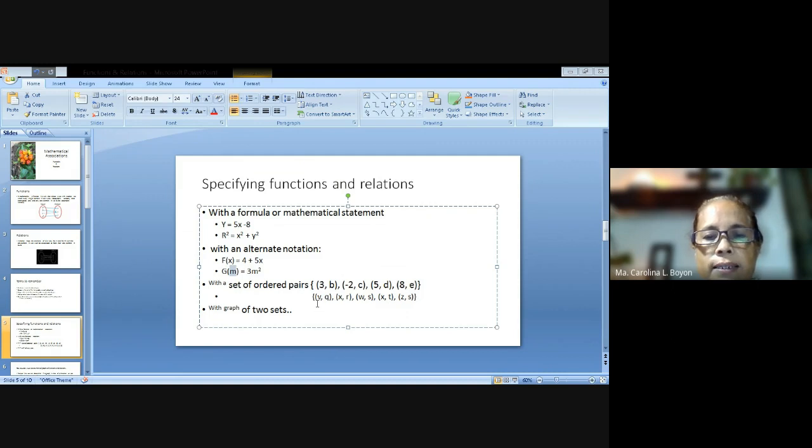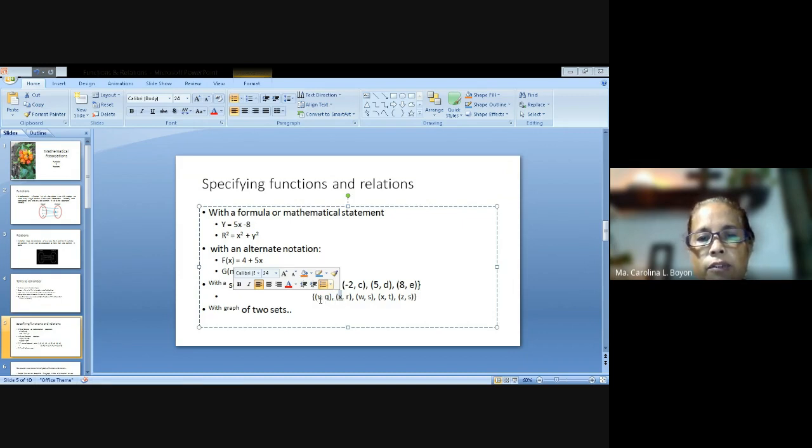So for this second set, we have VQ, first ordered pair, XR, second, WS, third, XT, fourth, and ZS, fifth. So the elements of the domain will be V, X, W, X, Z. But we do not repeat X in the specification of the elements of the domain, we only recognize unique elements of the domain.